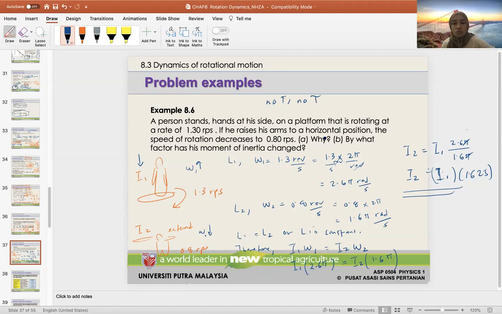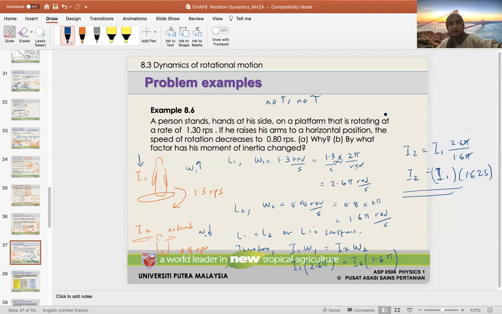Doctor, how do you know which omega goes with which omega? Here, they ask by what factor has his moment of inertia changed? So they ask when he extends his arms, right? If he raises his arms, and so on. So they ask by what factor has his moment of inertia changed?